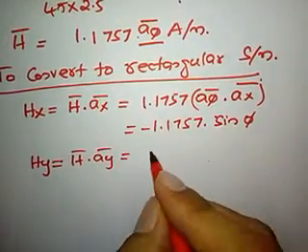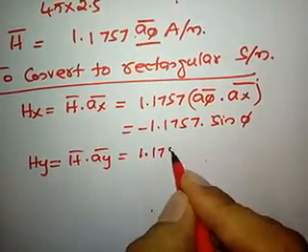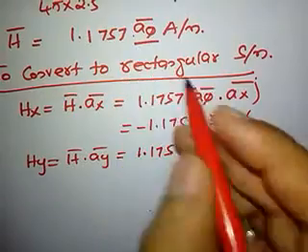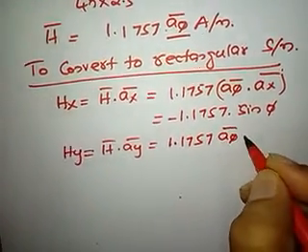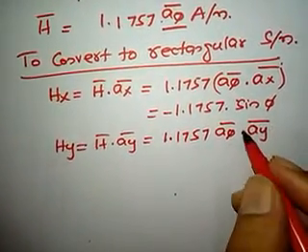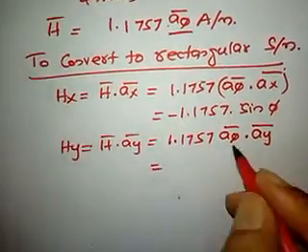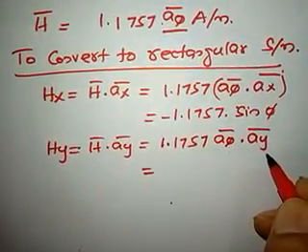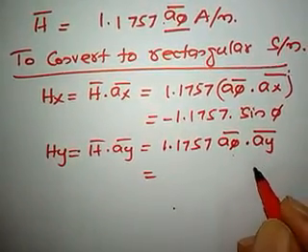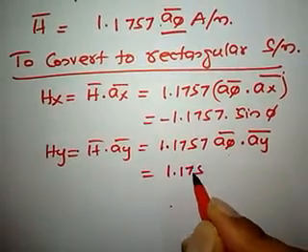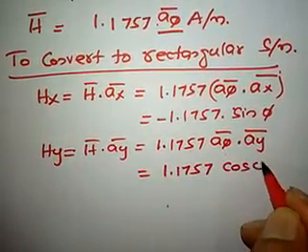Next, Hy is equal to H bar dot Ay bar. This will be equal to 1.1757, that is H bar, Aφ bar dot Ay bar. Here Aφ bar dot Ay bar from the dot operator table is nothing but cos phi. So this will be 1.1757 cos phi.